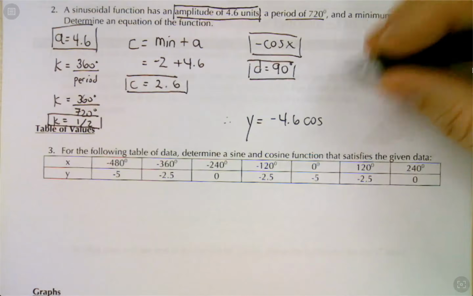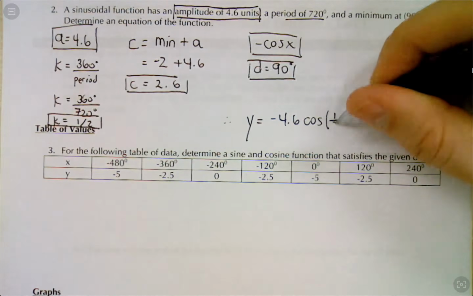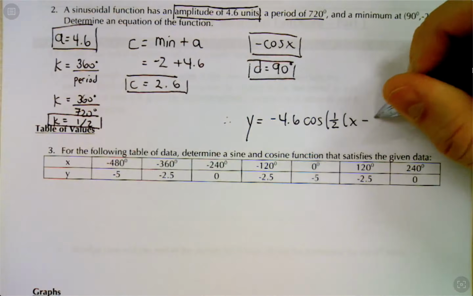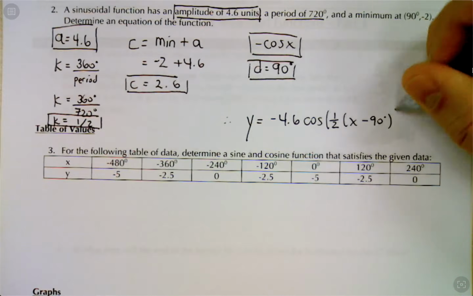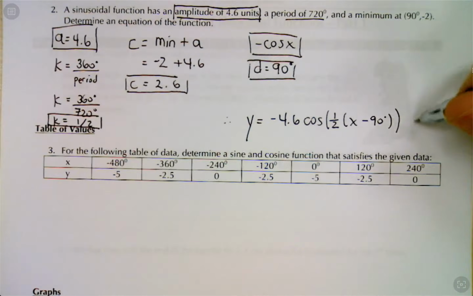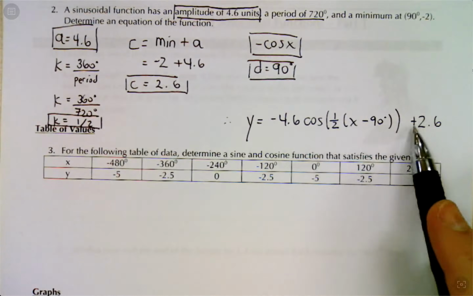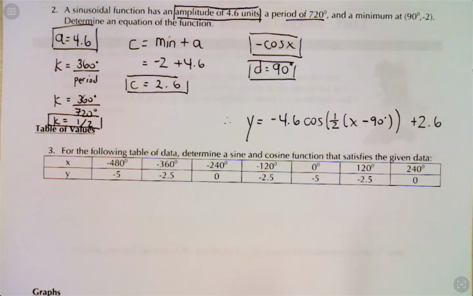Inside cos we put k of 1/2, common factored from x minus 90, and plus 2.6. So we've followed that pattern of A, K, x minus d plus c perfectly.